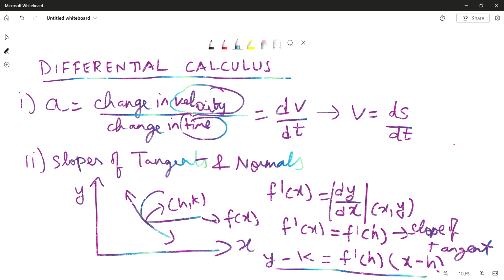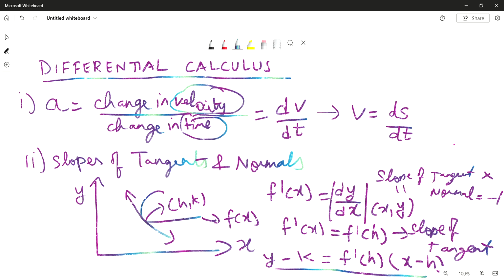So now what is the normal? Normal is basically, slope of the tangent into slope of the normal equals minus 1.